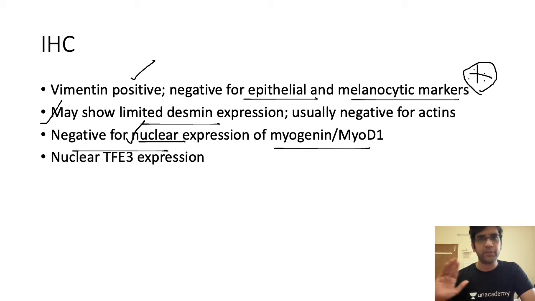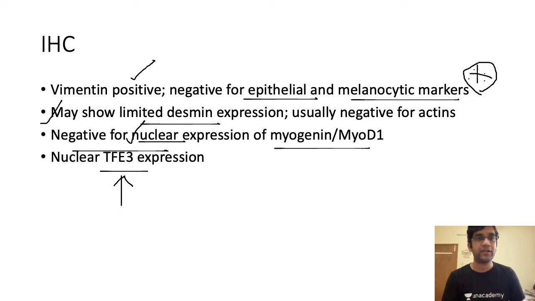That helps me differentiate alveolar rhabdomyosarcoma. TFE3 is a game changer because it seals my diagnosis. We did have a case, I think around the knee joint somewhere, I'm not exactly sure about the location. We had lots of difficulties in diagnosing it, and the final thing we resorted to was TFE3 and the cytoplasmic myogenin and MyoD1, because we researched a lot, as it was not an easy thing.